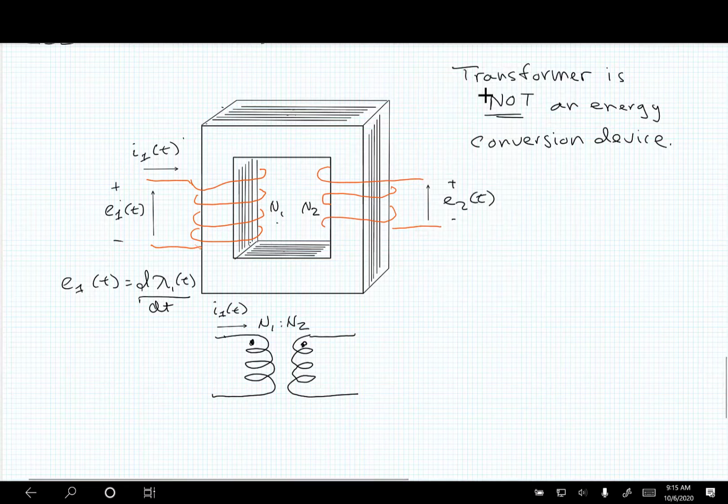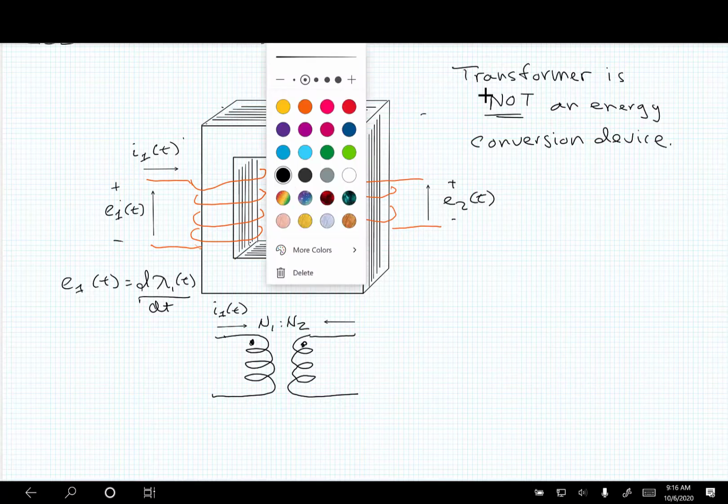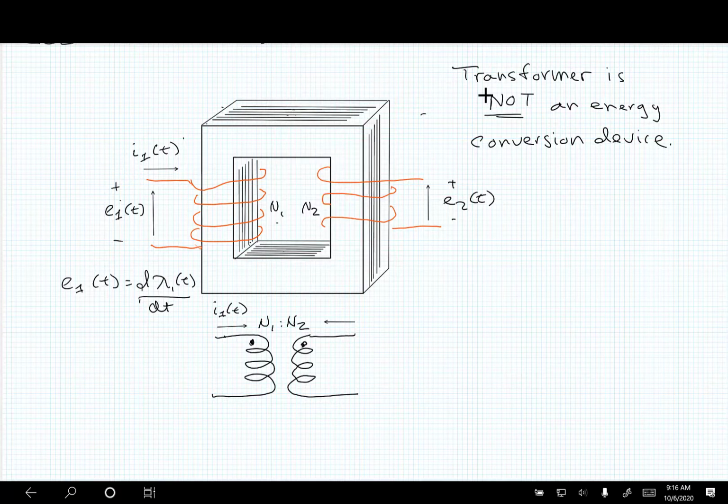And I will say that there's also a current flowing through coil 2, and I'm going to have it pointing into the dot as well, and showing the voltage potentials on each side of the transformer.